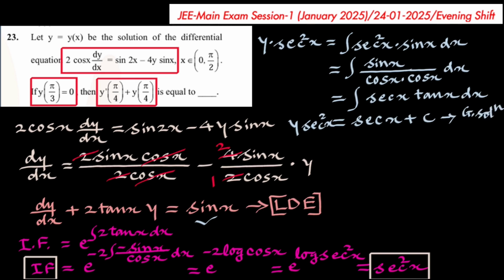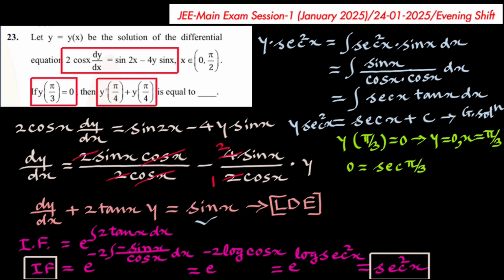Now it is given y of pi by 3 equals 0, which means y equals 0 when x equals pi by 3. So 0 equals sec pi by 3 plus c, 2 plus c, that gives c equals minus 2. So the particular solution becomes y sec square x equals sec x minus 2.